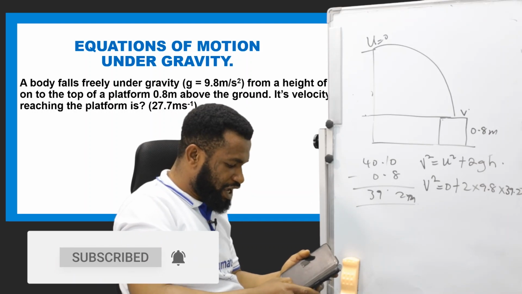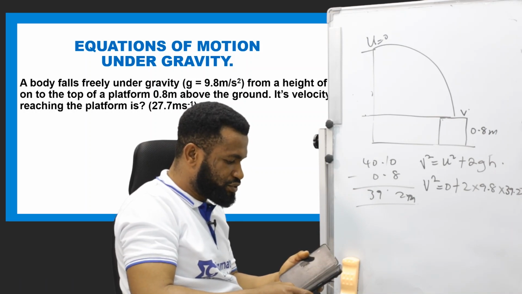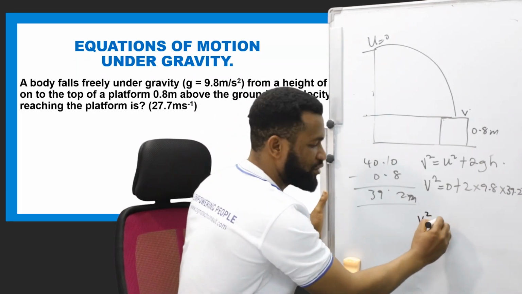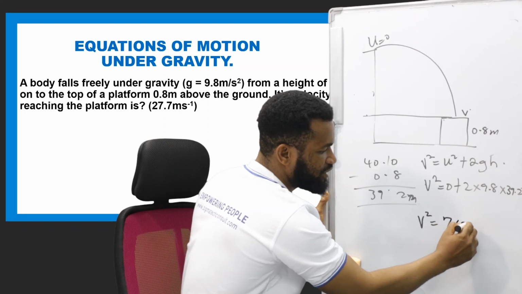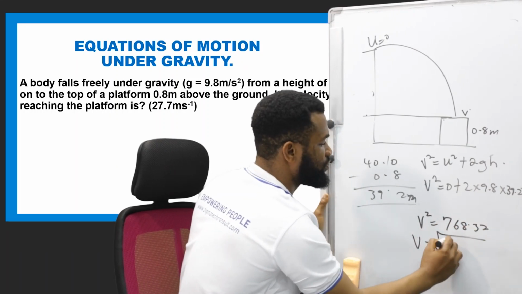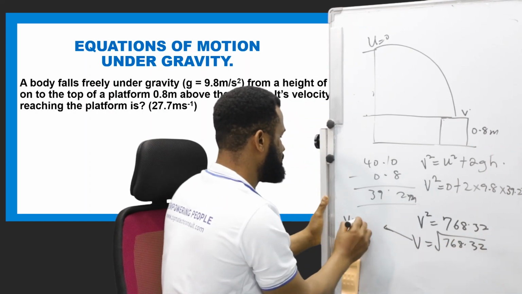So we have v squared is equal to 768.32. So v is the square root of 768.32.